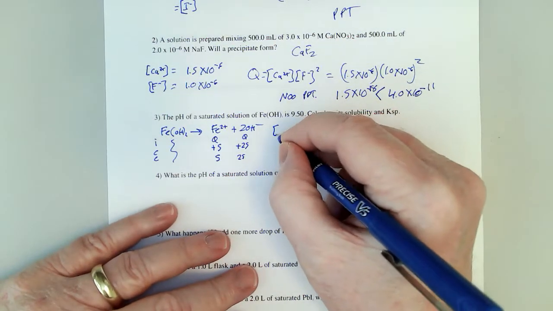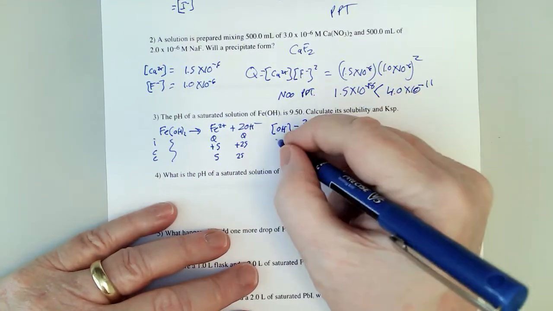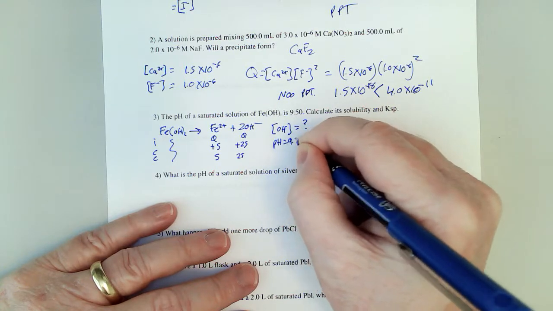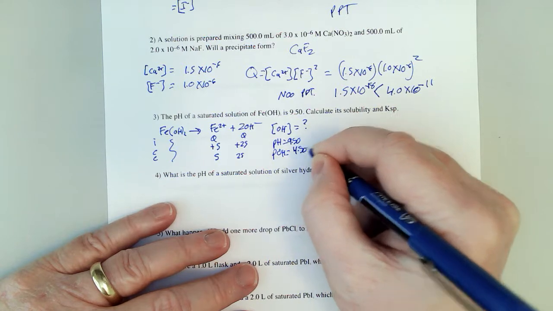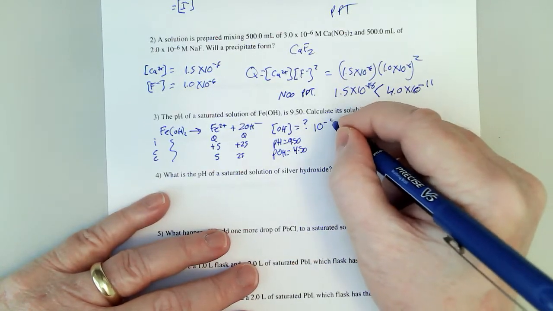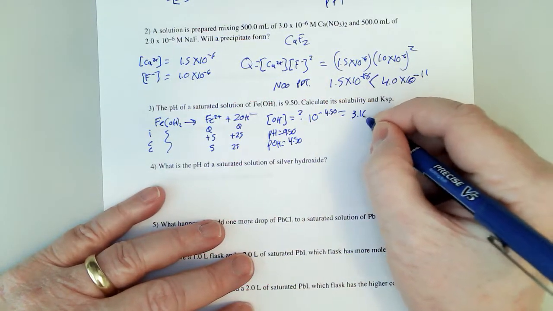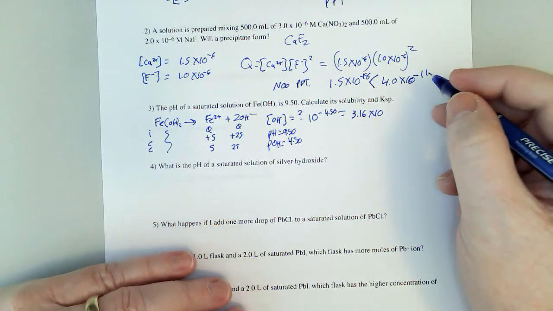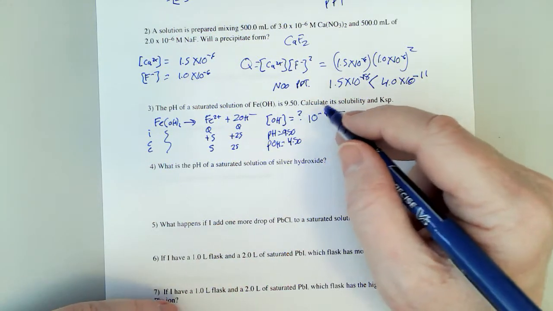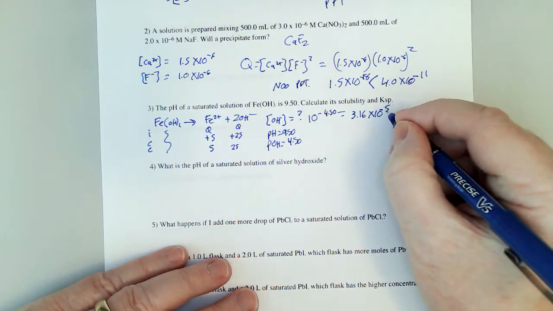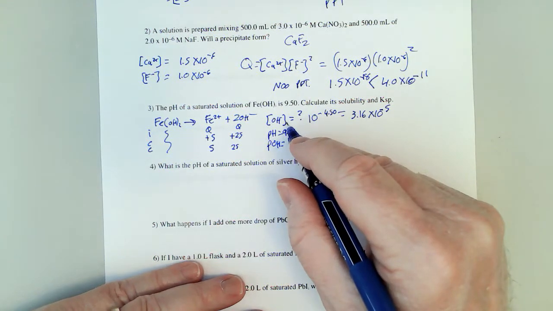Now my hydroxide ion concentration can be determined. If the pH equals 9.50, the pOH equals 4.50, so the hydroxide is 10 to the negative 4.50. So since that's a 0.5, this is a 3.16 times 10 to the negative, okay, let me get this right. So that's 10 to the negative 4. That's going to be negative 5th. Okay, that's the hydroxide ion concentration.